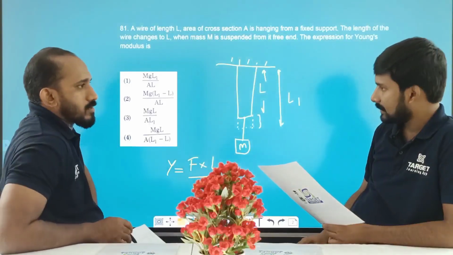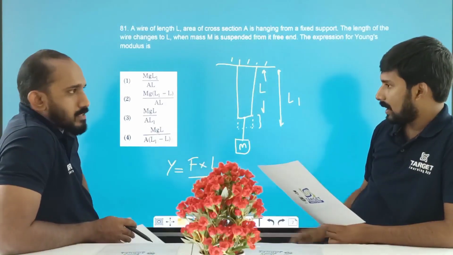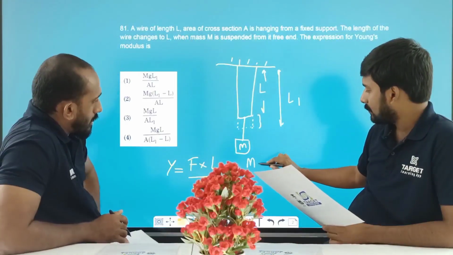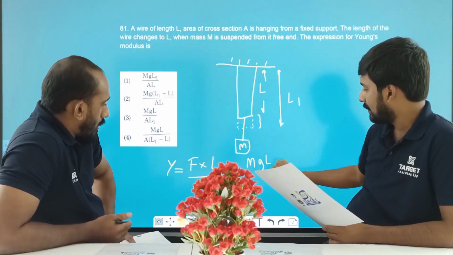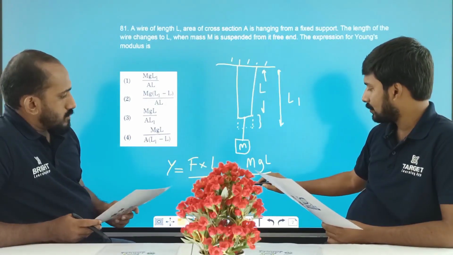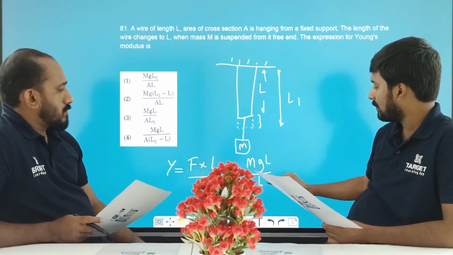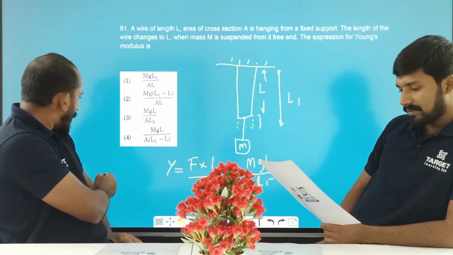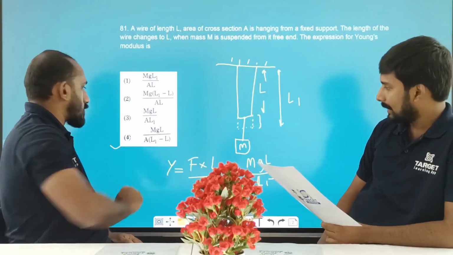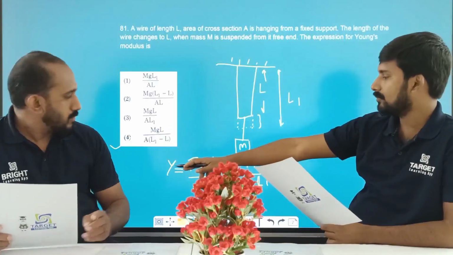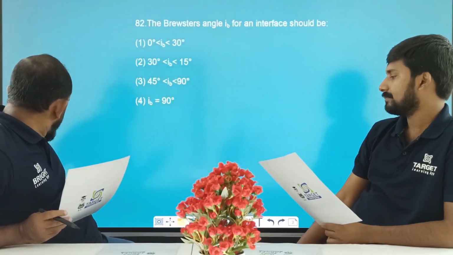If it is hanged by mass M, the force is mg, so mg into L divided by A, which is given, into the change in length, L1 minus L. Direct equation: Y equals mgL by A into L1 minus L. Shall we move to the next question? Yes.